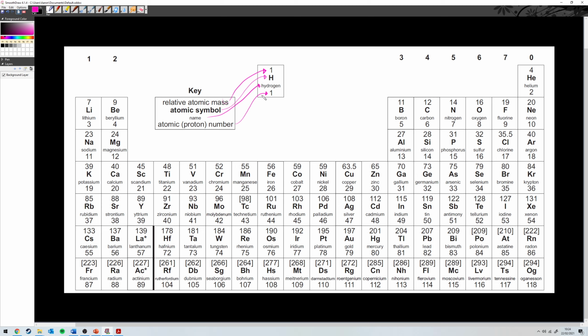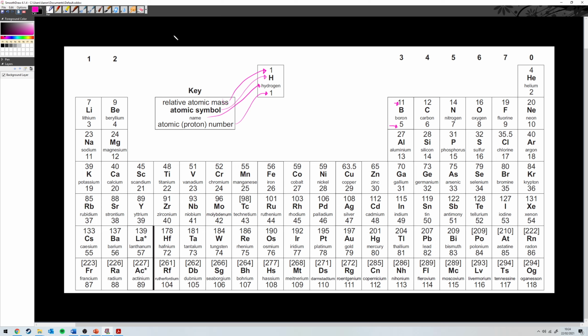So if you're ever unsure what the numbers are, you can look at the key and it will tell you. For example, this number here is the relative atomic mass of boron. So the relative atomic mass of boron is 11. The proton number of boron is 5.